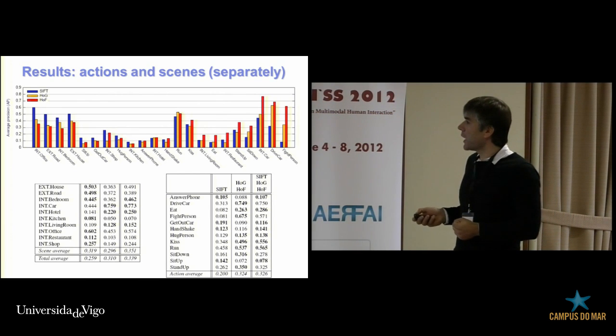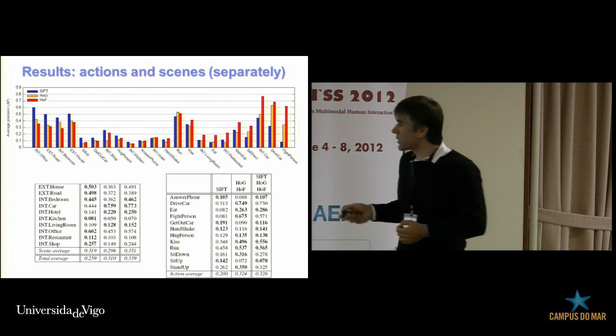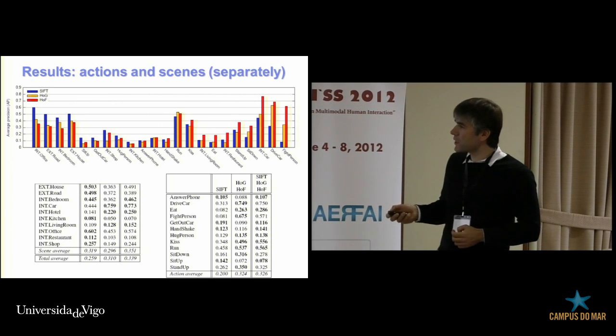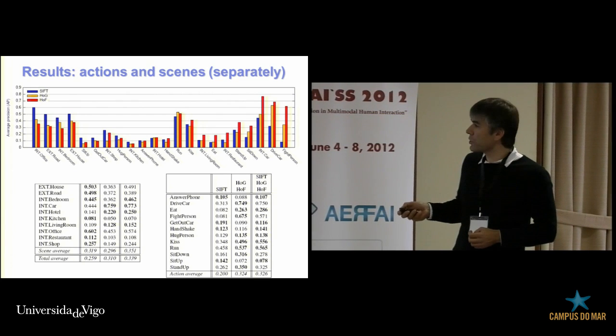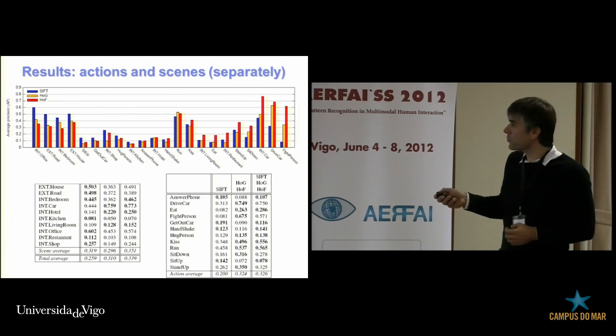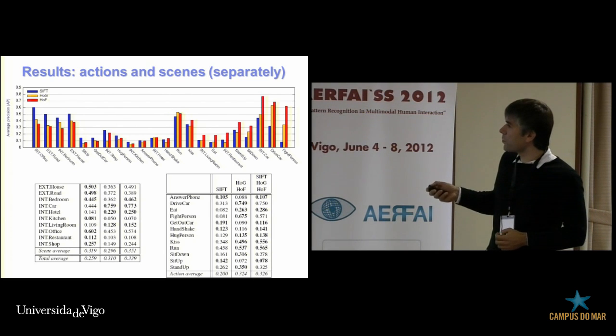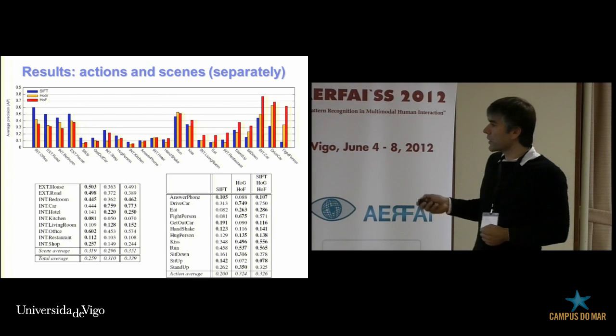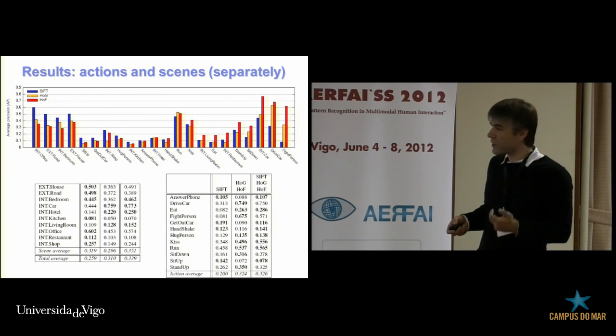The presentation is the following. The classes have been sorted such that the classes at the left are better recognized with SIFT, so with static features, and classes at the right are better recognized with dynamic features, which are Hoch-Hoff. The red bars are higher here, and the blue bars are higher here. Here are all the classes, both scenes and actions.